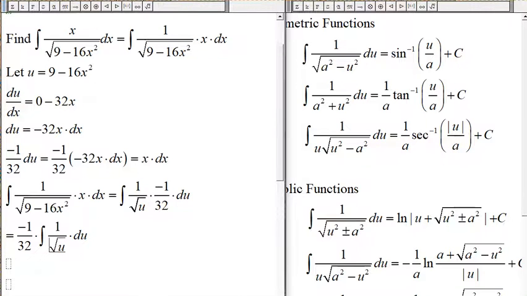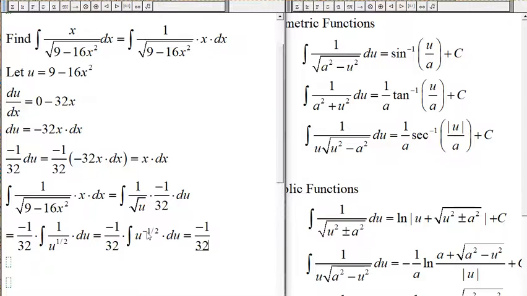The negative 1/32, we can move and place in front of the integral sign. And then the square root of u, that's the same as u to the 1/2. And then the 1 over u to the 1/2, we need to rewrite as u to the negative 1/2, so we can use the power rule. So here we get negative 1 over 32.